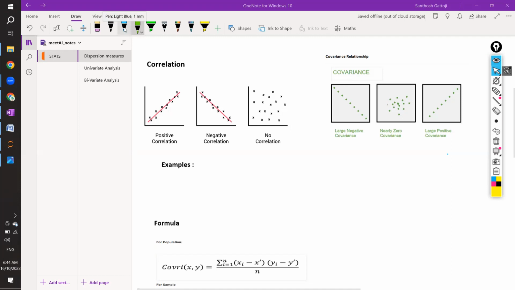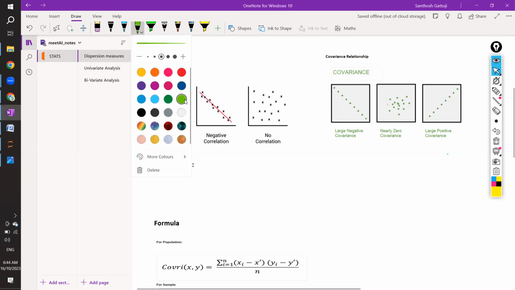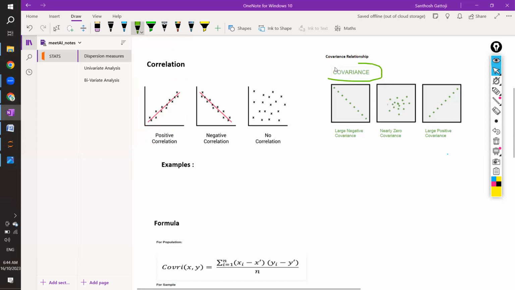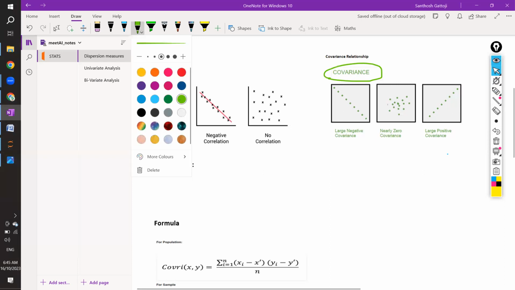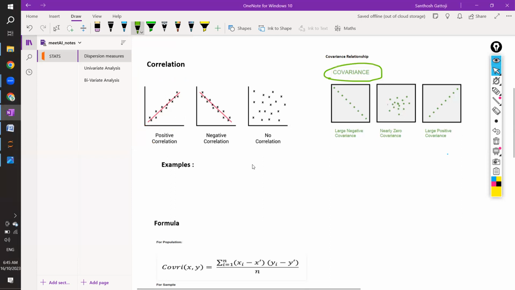Over here, covariance will tell you... we will see the formula and also the example, but just understand that if there are two columns, A and B, and you try to plot them, and you see a downfall in the graph, so it is starting somewhere and it is decreasing, what does that mean?